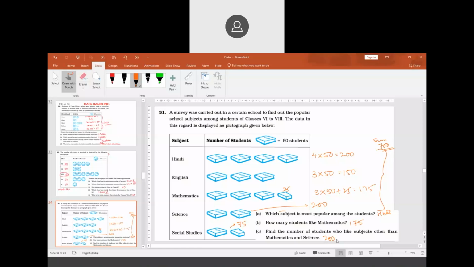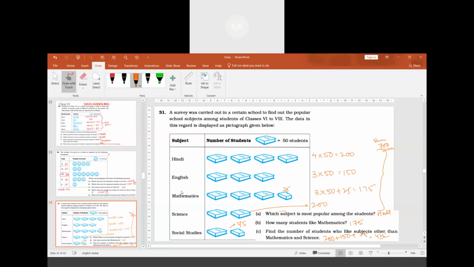So we need to add this. 100, 275, sir. 150 and 75, 225. 425 now. 500. 600. I should leave this maths and science.